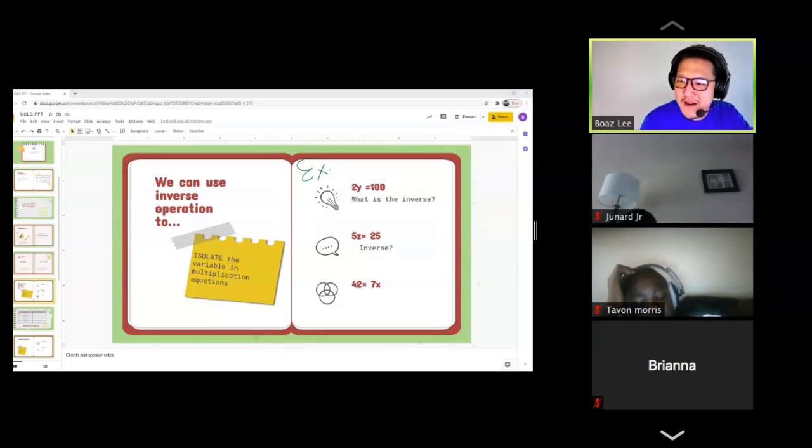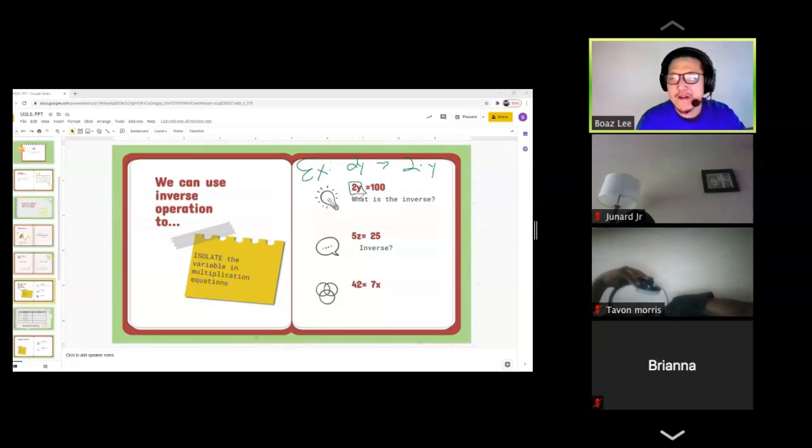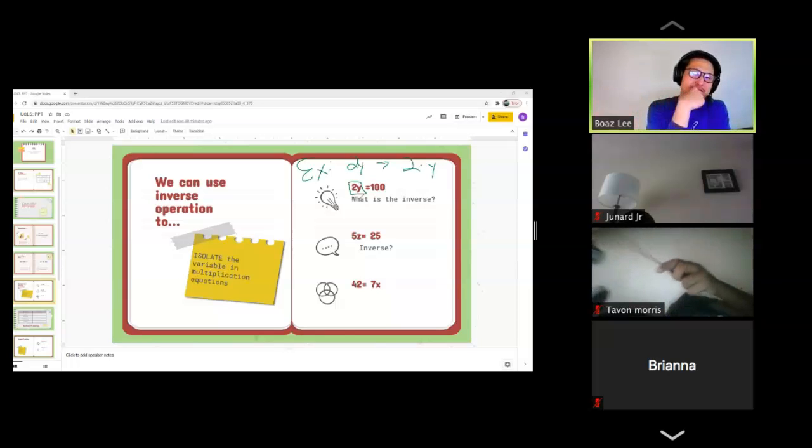So we know that the coefficient, or the number in front of the variable, this 2 right here, this 2y, is the same thing as 2 times y. So if we're trying to isolate the variable, what's my inverse operation of multiplication again?